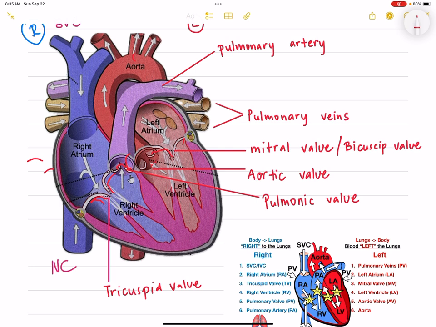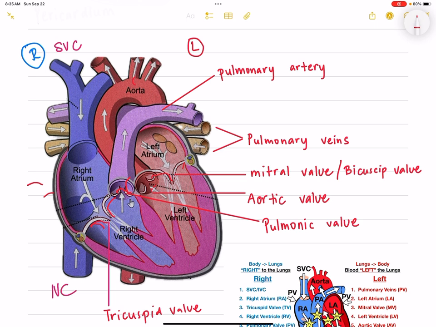Okay, so we have the superior vena cava and the inferior vena cava. The superior is above and the inferior is below. The inferior vena cava carries blood originating from the trunk and visceral organs in the lower body, while the superior vena cava carries blood from the head and upper body.